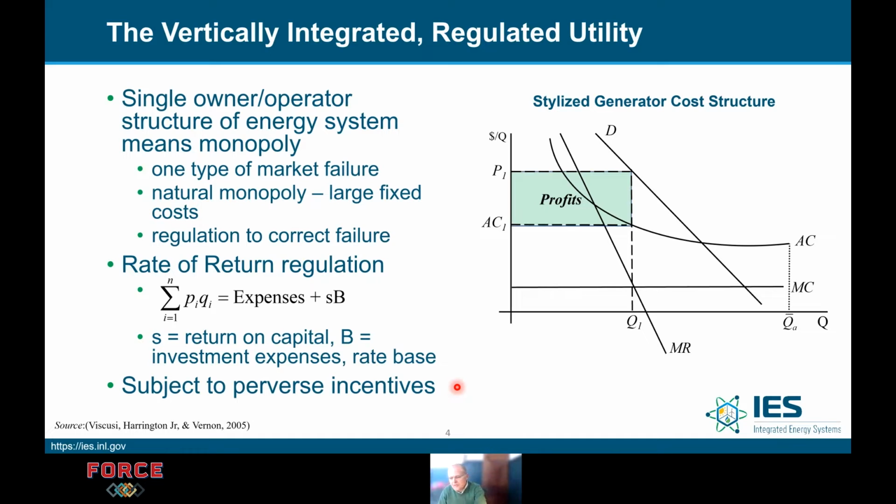Okay, but then they entered a period where some changes started to happen to this model. In the late 70s, in 1978, a regulation was passed that allowed independent power producers to become established. So no longer did generation have to be part of a large utility managing the whole infrastructure from generation to distribution.